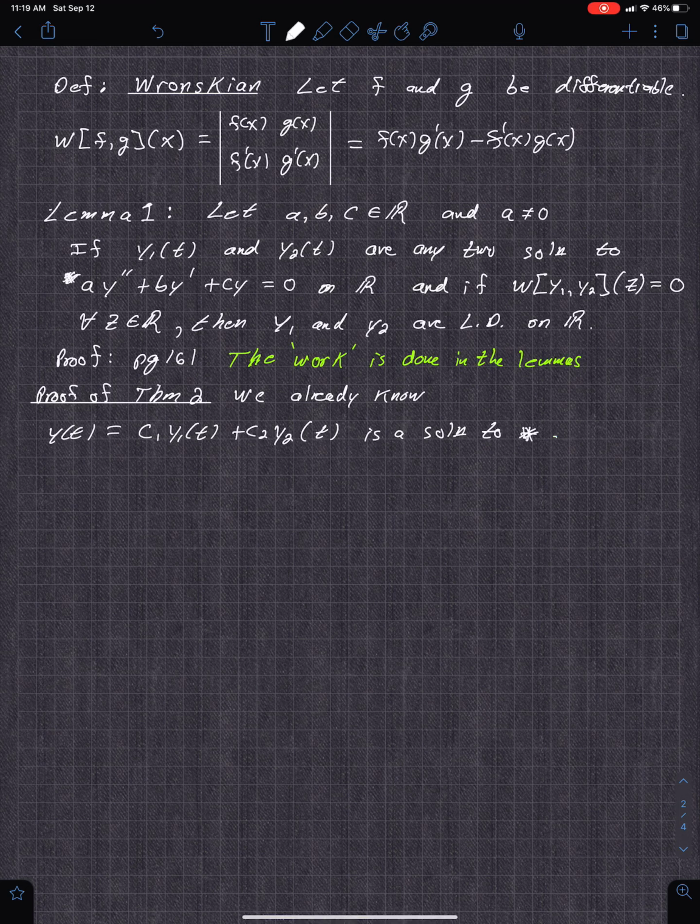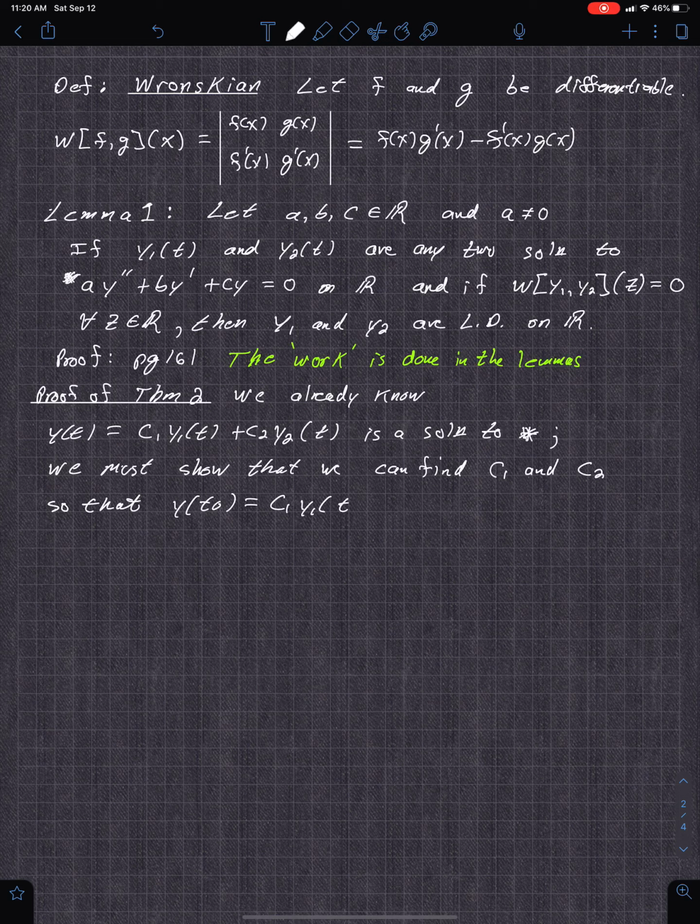So we must show that we can find C1 and C2 so that y of t naught equals C1 y1 t naught plus C2 y2 t naught equals y naught.